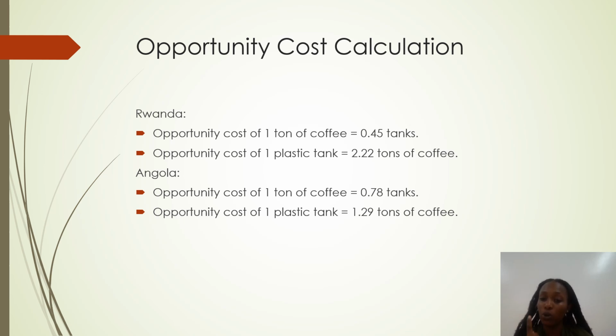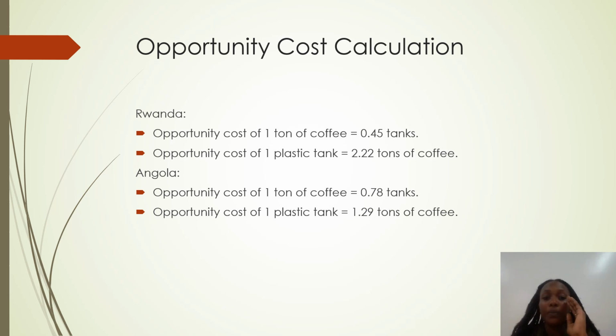Whereas for Angola to produce 1 ton of coffee, it forgoes 0.78 tanks. We see that Angola forgoes more resources than Rwanda. So let us see the side of the water plastic tanks.